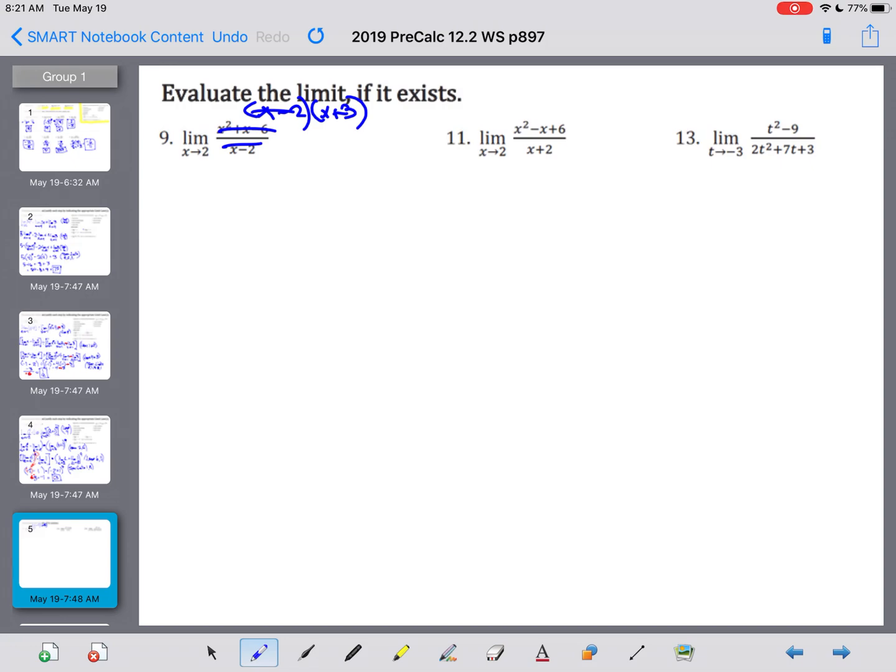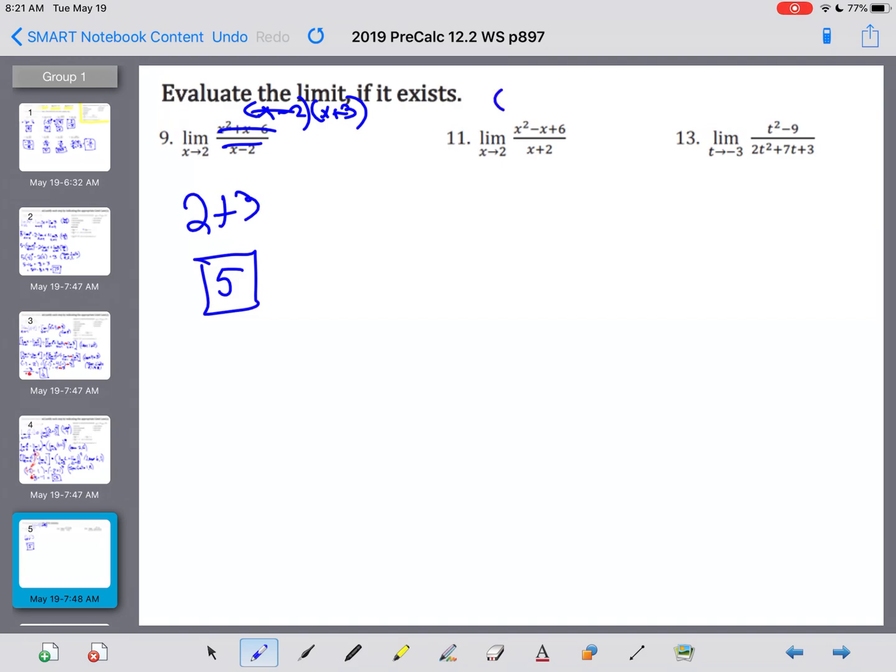This cancels. Okay. So for number 9, we get equals 2 plus 3. So we get 5. Okay.